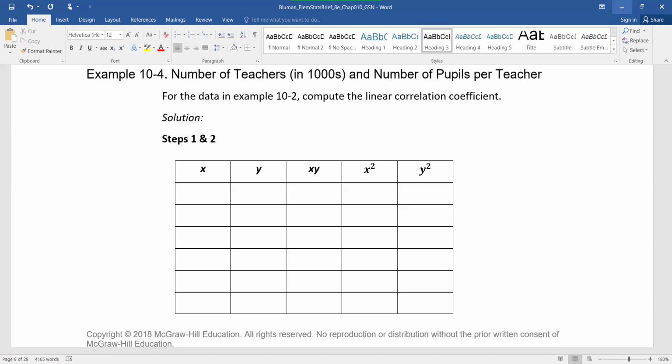So again, we're looking at example 10.2. So where's 10.2? Yeah, so 10.2 is the teachers.